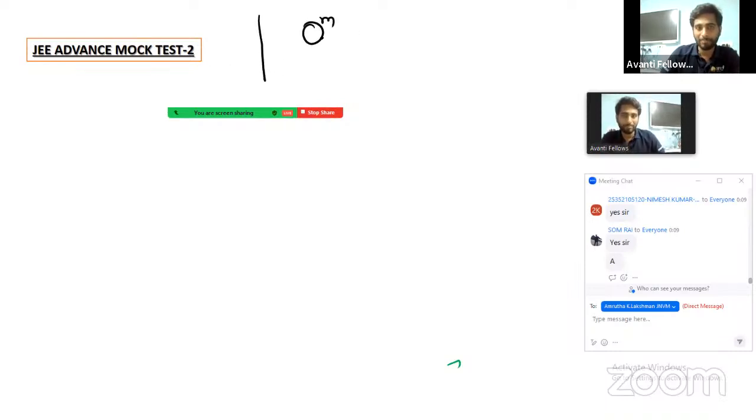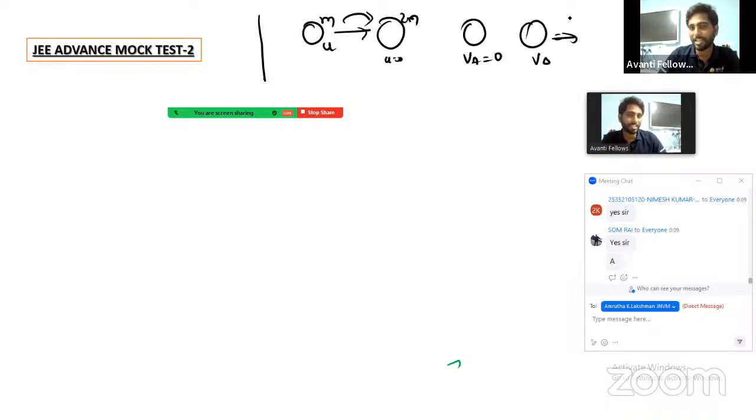This is mass m moving with velocity u in this direction. This is mass 2m, which was at rest. After this one collides with it, its final velocity VA became 0. What did the final velocity of VB become in this direction? u/2. Some of the velocity got transferred to it.